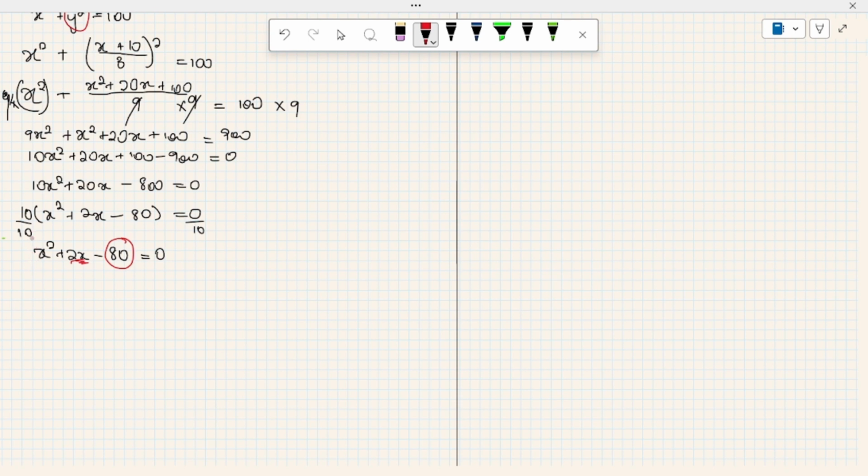We only consider the constant when the coefficient of x squared is greater than 1. But I'm going to show you how to factorize equations that have a coefficient in front of x squared that is greater than 1. So yes, let's do this.